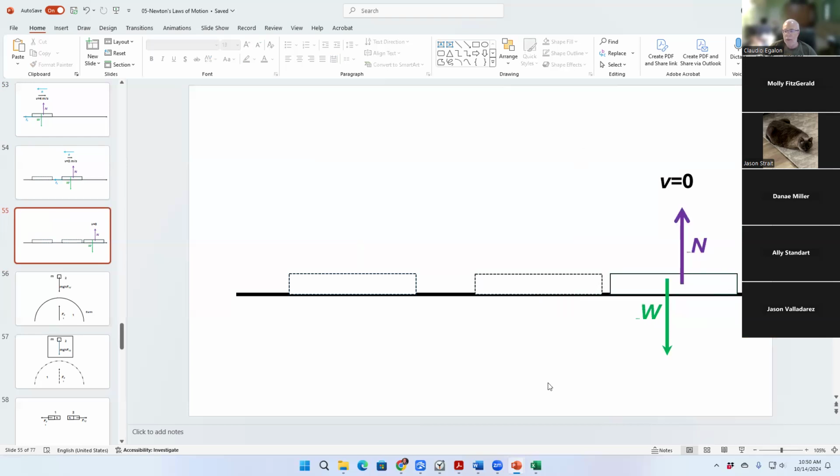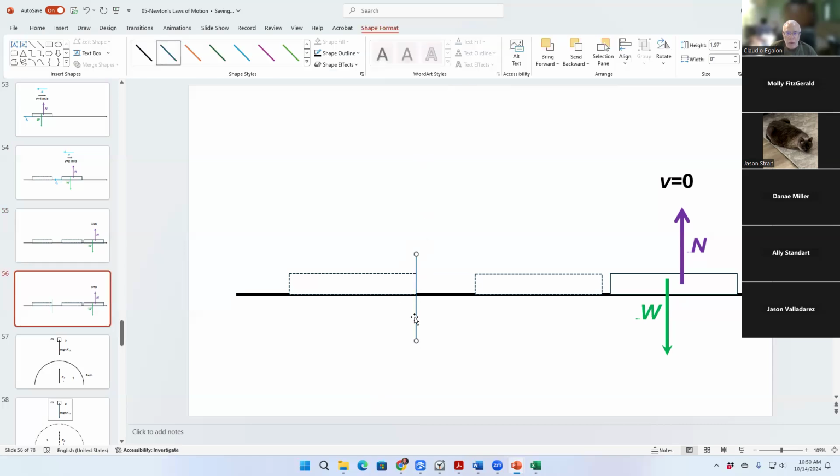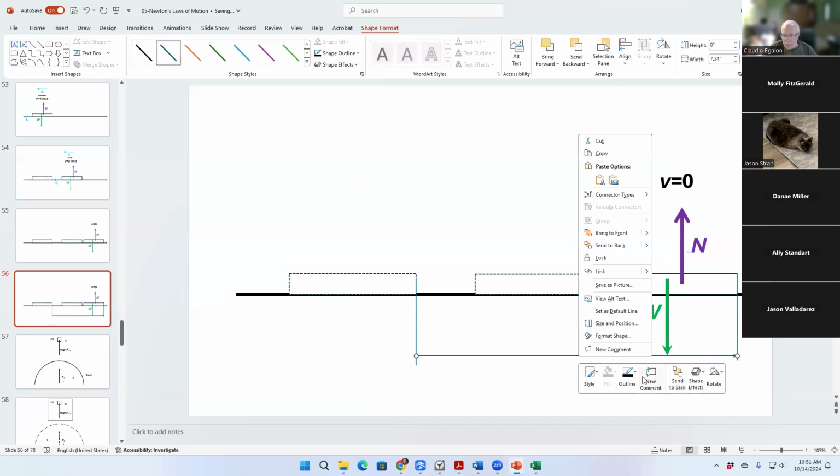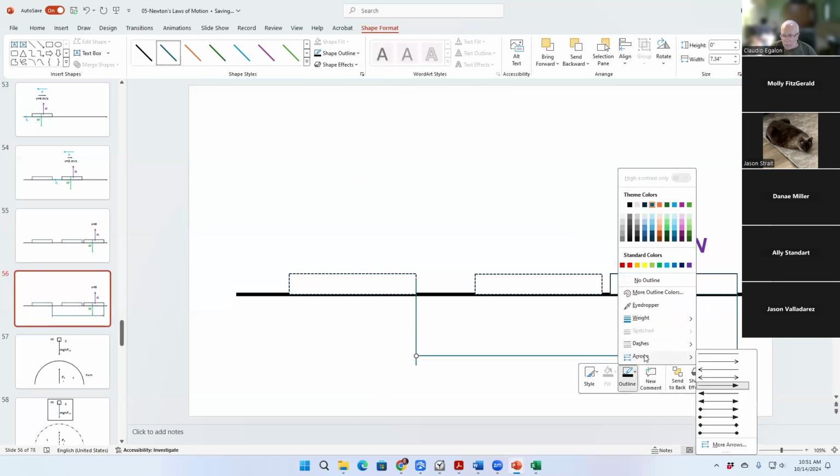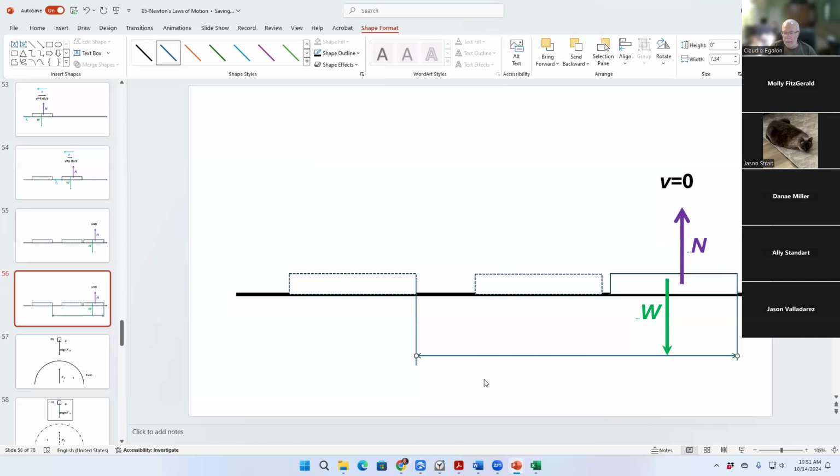Yeah, okay, good. And then we have this displacement that is asking us to find this distance here from here until here. Okay, right in here. Even better, yeah.